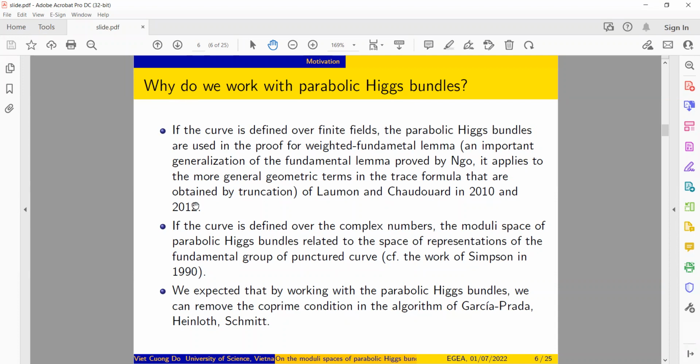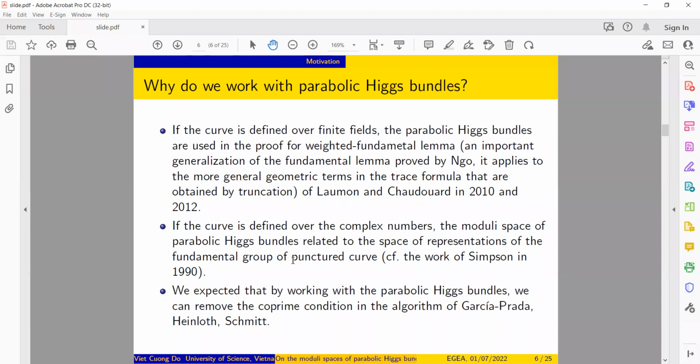And I expect that when we work with parabolic Higgs bundles, we can remove the condition about the coprimality of degree and rank in the algorithm of Garcia-Prada, Heinloth, and Schmitt. I expected that, but it was blocked for a long time.